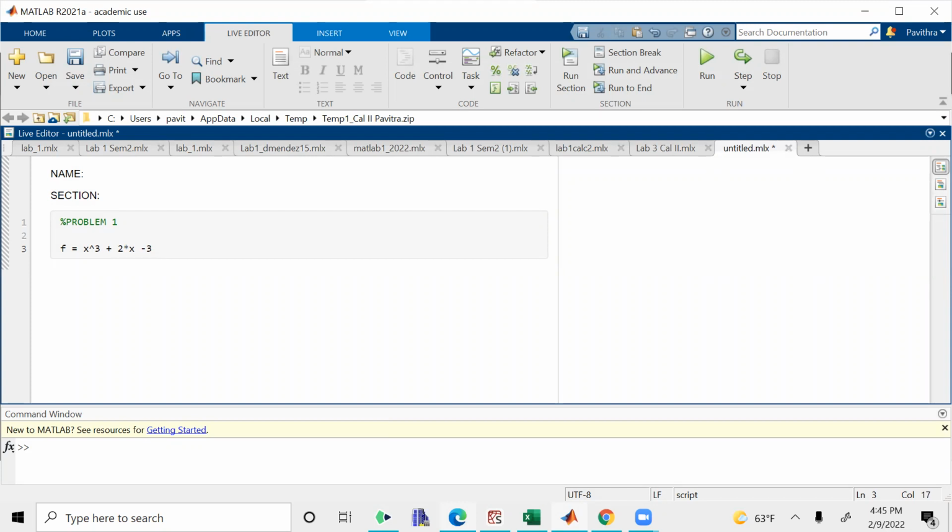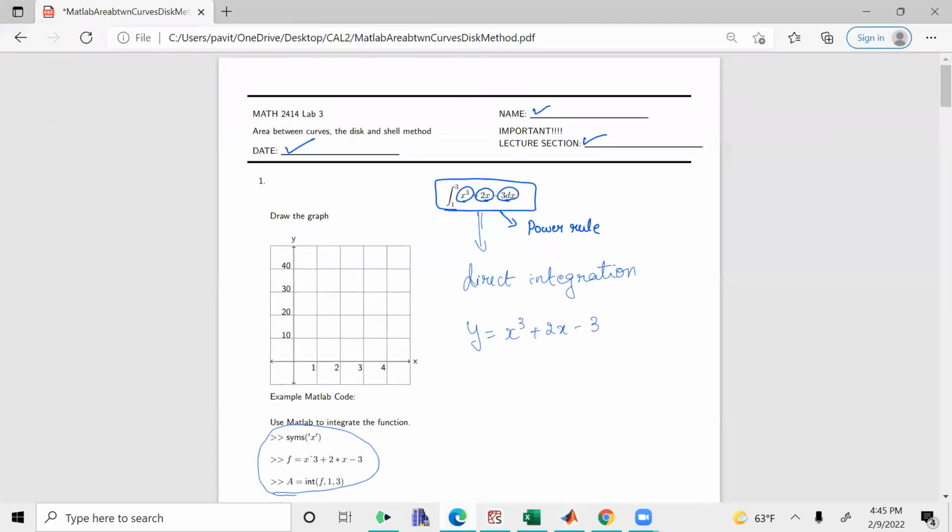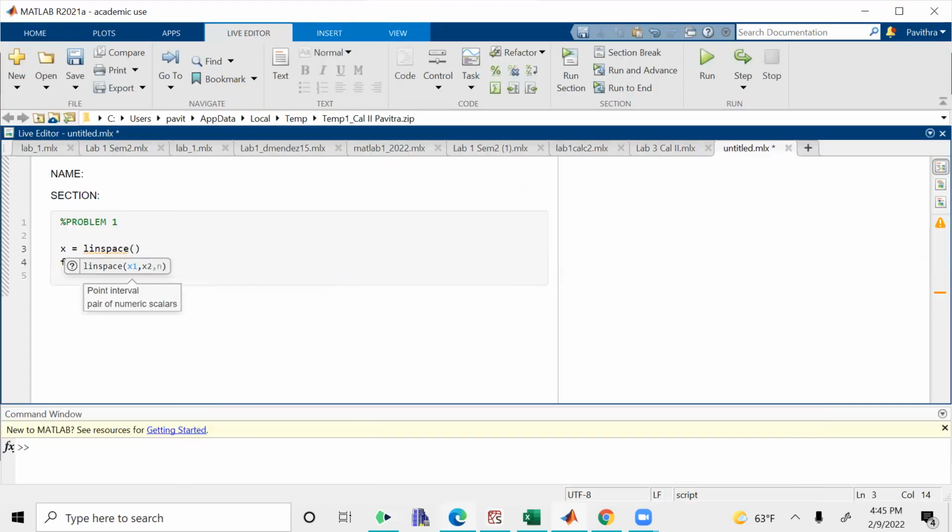One more thing, you're not going to use the dot product while doing integration, only while doing plotting. Now, this is just additional steps. Let me plot from, let's see, what is the interval, 1 to 3. So 1 comma 3, let me give some subdivisions.